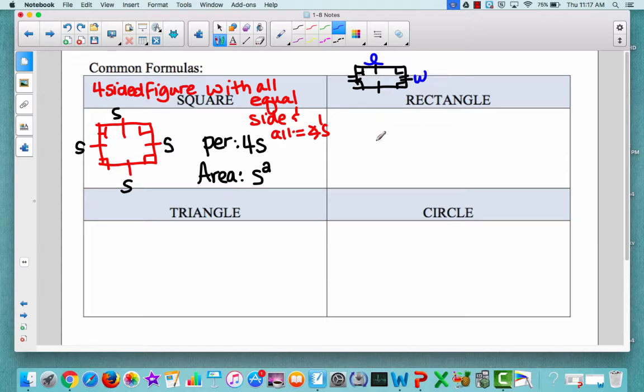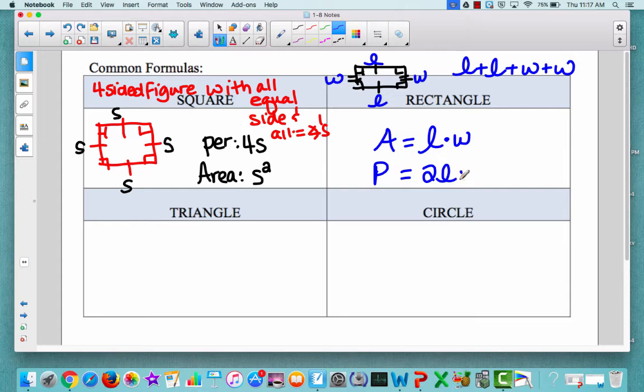So to find the area of a rectangle, we just do length times width. We multiply the 2 sides together. To find the perimeter, we add up all the sides. If this is L, then this would be W because they are congruent. If I add up all the sides, I have L plus W plus L plus W, which would give me 2L plus 2W.